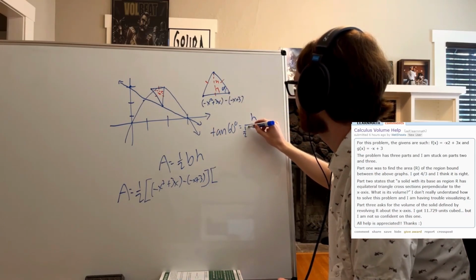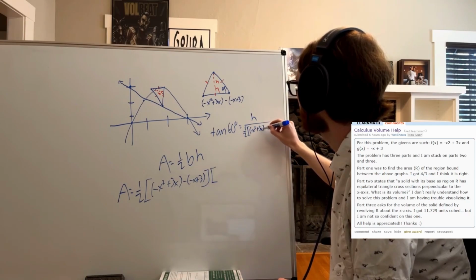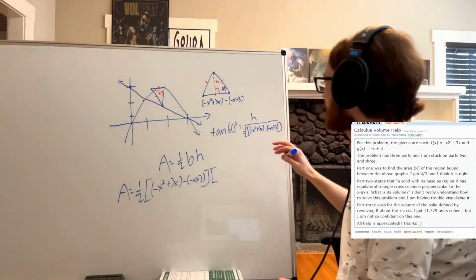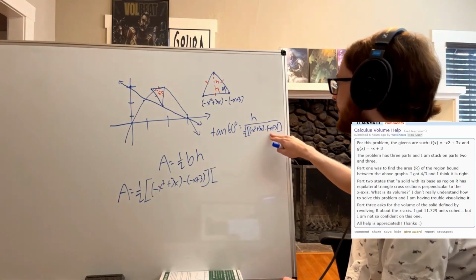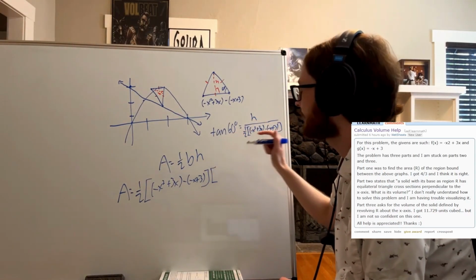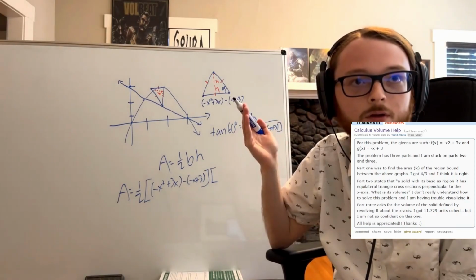So 1/2 of minus x squared plus 3x minus negative x plus 3. Then we multiply each side by this denominator, and we get a value for h that we plug in down here. And tangent of 60 is tangent of pi over 3.